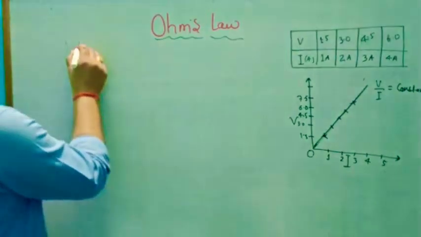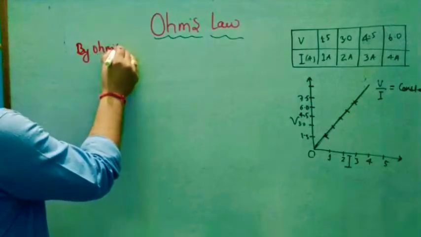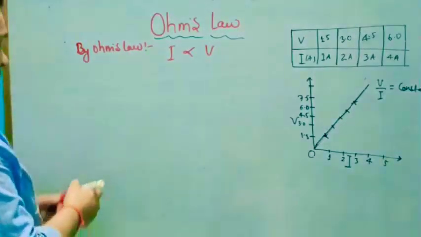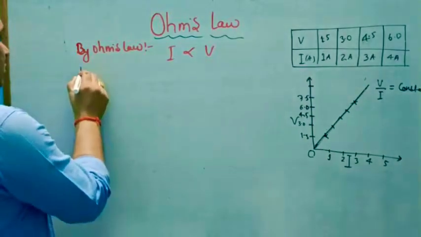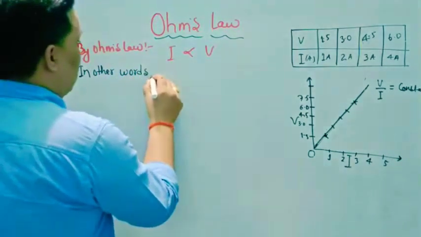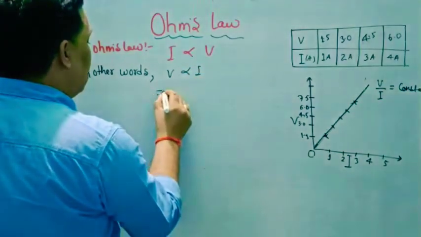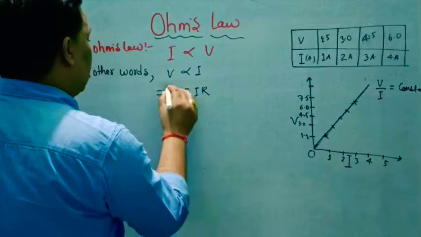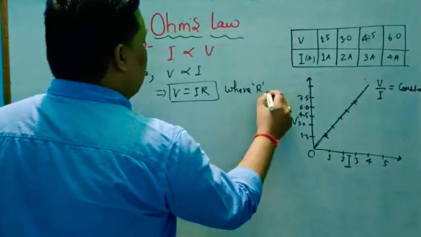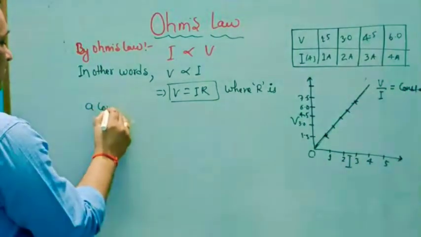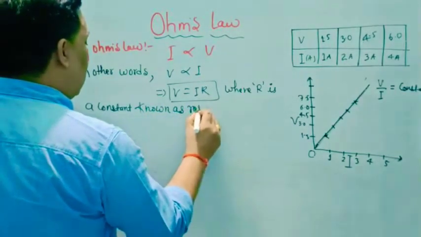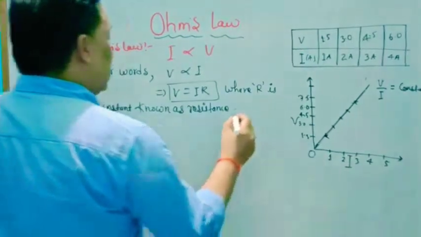So by Ohm's law, I is proportional to V. In other words, V is proportional to I, which implies V is equal to IR, where R is a constant known as the resistance of the conductor.